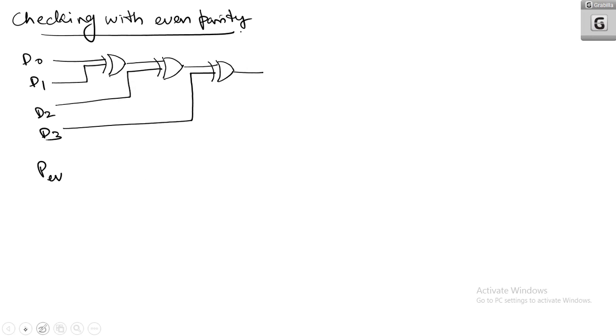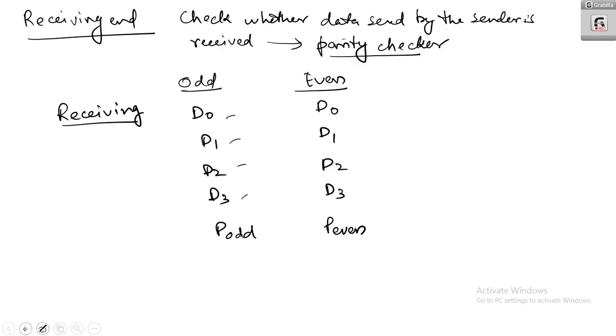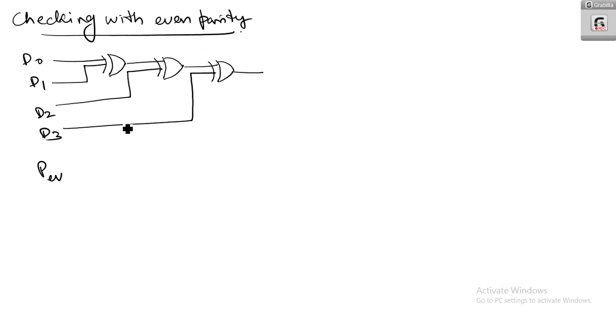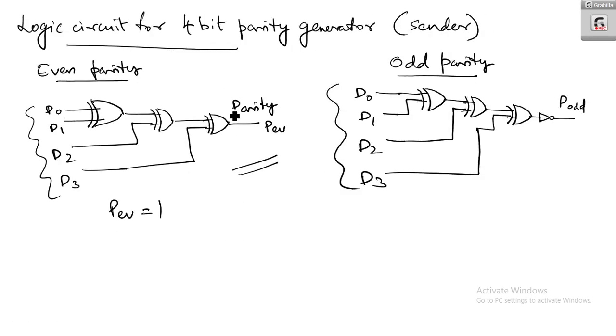So this generates the parity bit. Now for the receiving end, one more input is there. What is it? That is the even parity bit. You XOR that result here, and there you will get the error, E. Now see here, you are going for even parity, right?